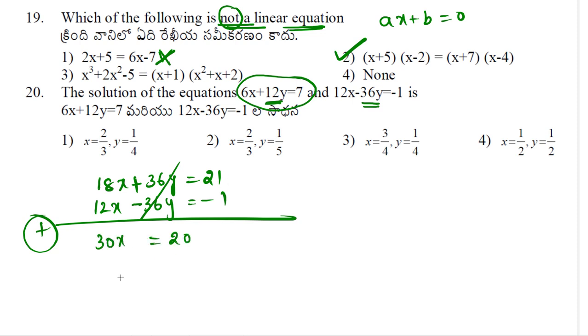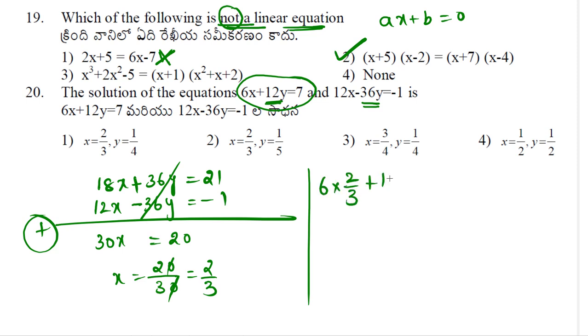So we can say x equal to 20 by 30, 0 and 0 get cancelled, this is equal to 2 by 3. Now plug in x equal to 2 by 3 in any of these two equations, we will get the value of y. I am taking the first equation and substituting x equal to 2 by 3. So 6 times 2 by 3 plus 12 times y equal to 7.